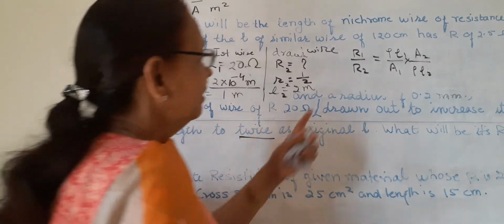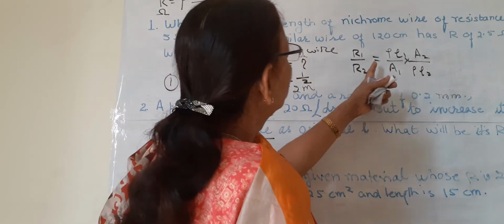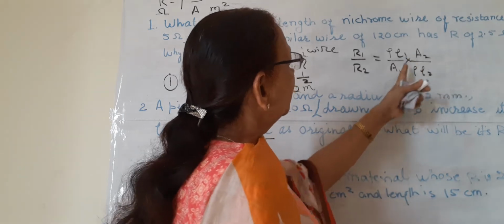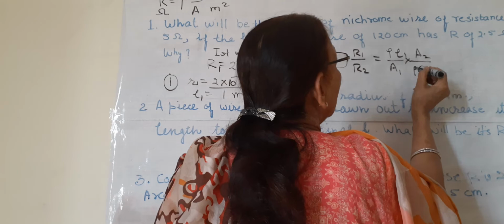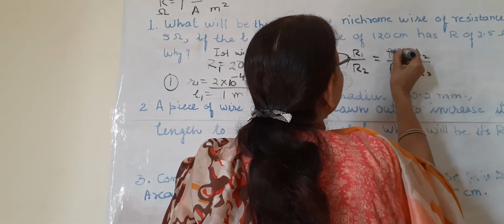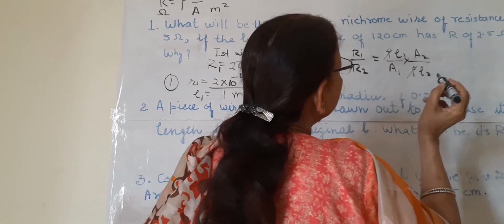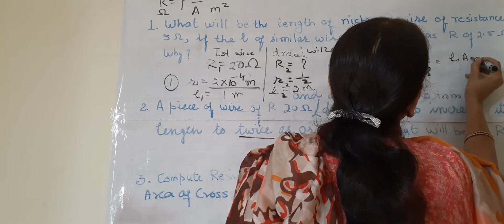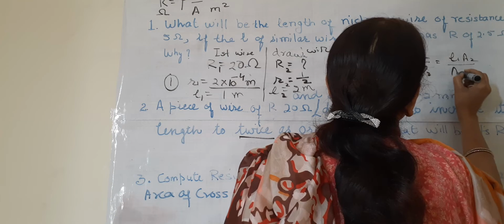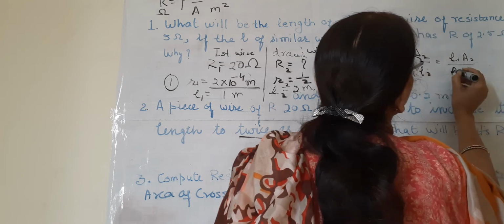So our equation will be R1 upon R2 is rho L1 A1 into A2 rho L2. These two will be cancelled. Both are same resistivity. Now we have L1 A2 upon A1 L2.